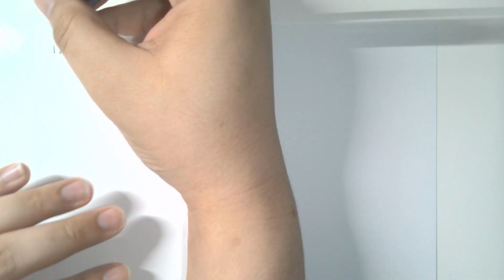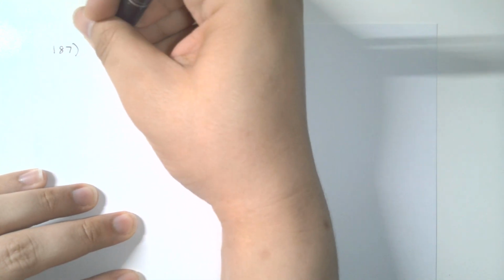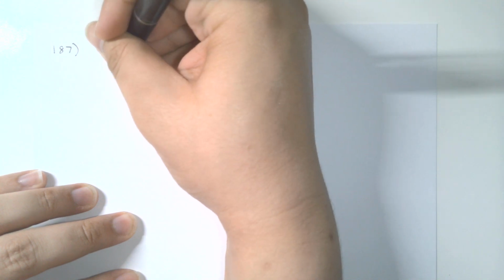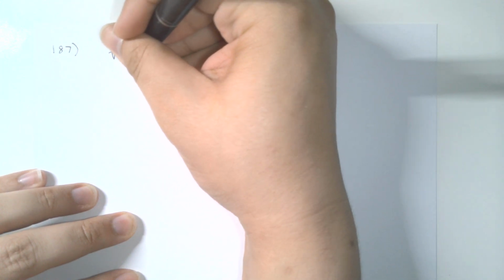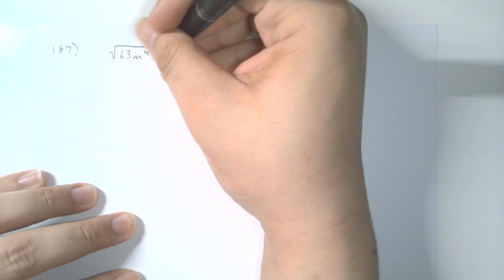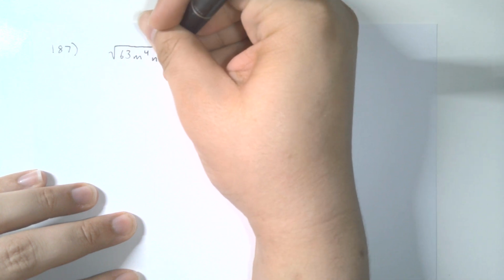Let's look at number 187. For number 187, we have the square root of 63 m to the 4th n squared.